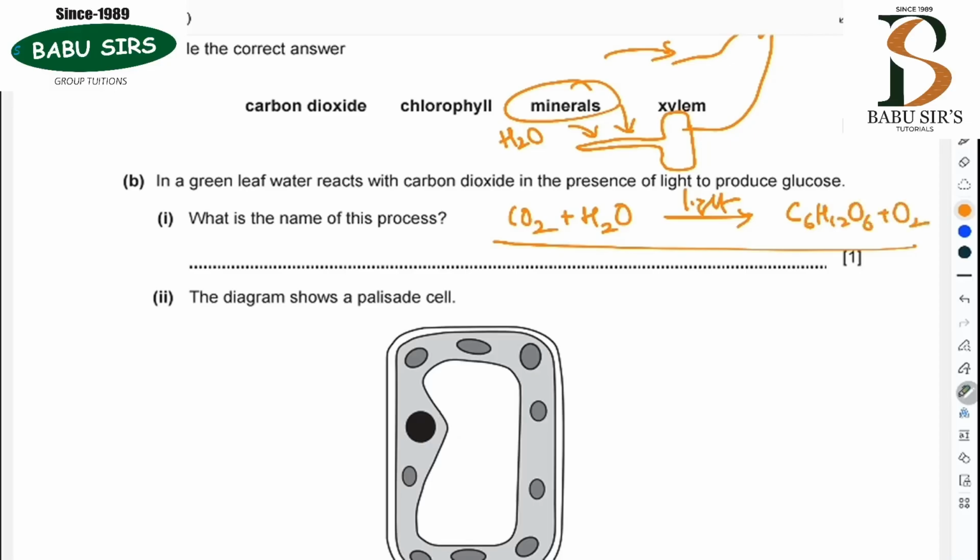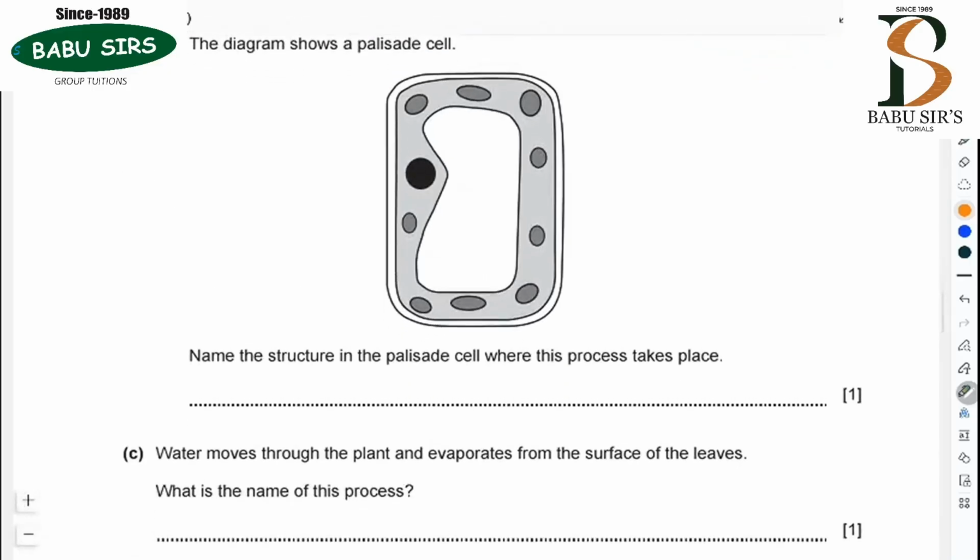So this process is called photosynthesis. So they are asking, what is the process? So it is very simple. The process is preparing food with the help of light. So the process is photosynthesis.